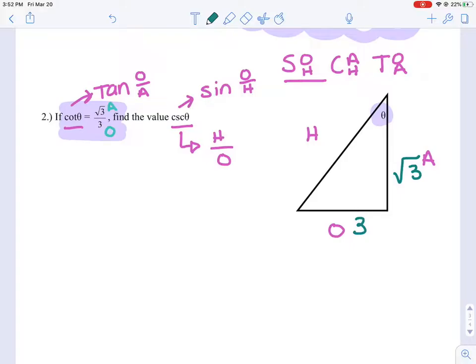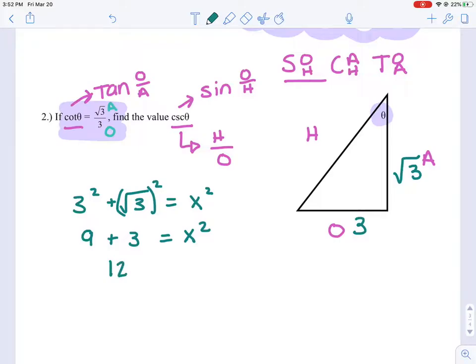So again, Pythagorean theorem, 3 squared plus radical 3 squared equals x squared. 9 plus 3 equals x squared. So the square root of 12 equals x.